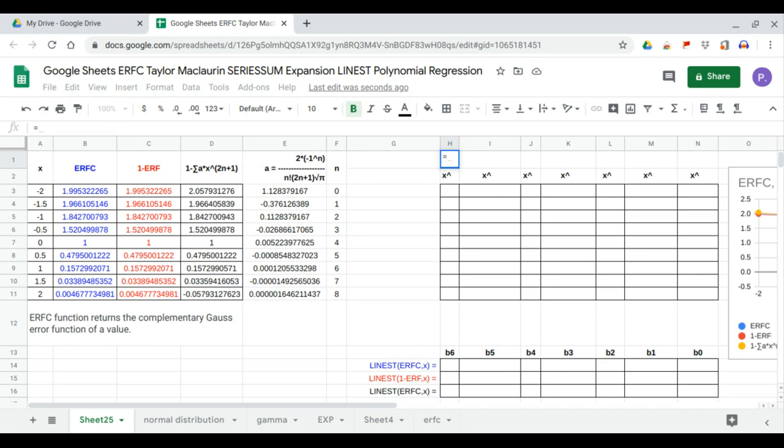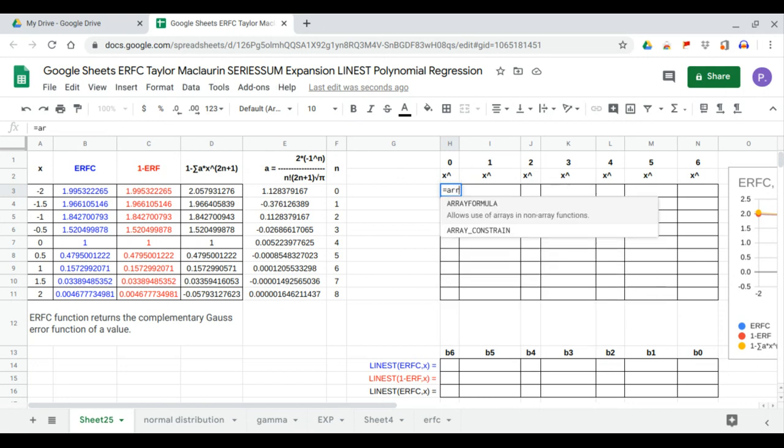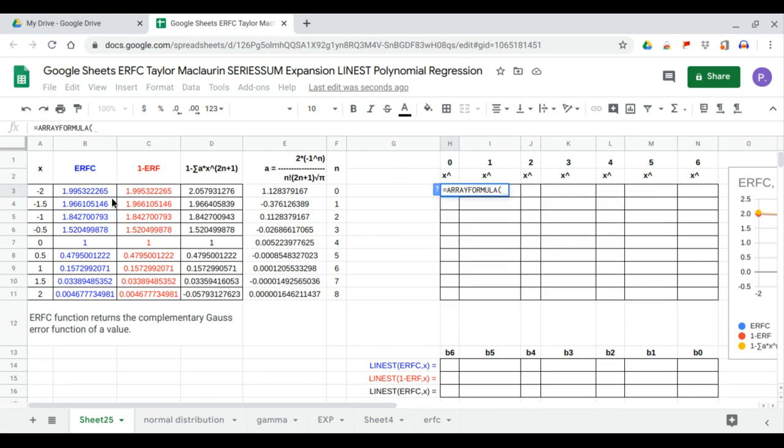Transpose, or the power up to 6, because we're calculating the polynomial regression to level 6. So this is array formula of the x values raised to the power, and this will be array formula.